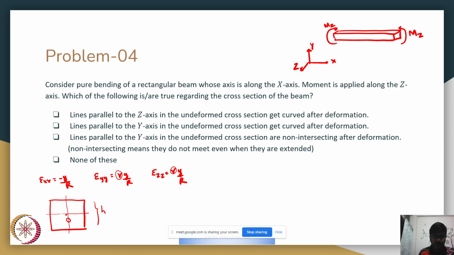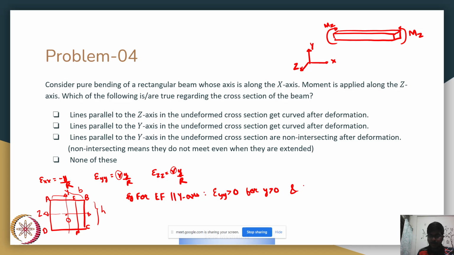So this is the height h, this is the depth or width b, and I'll label the four corners as A, B, C, D. Now if I draw a line EF, which is parallel to y-axis, we can see that epsilon yy is greater than 0 for y greater than 0, and epsilon yy is less than 0 for y less than 0.